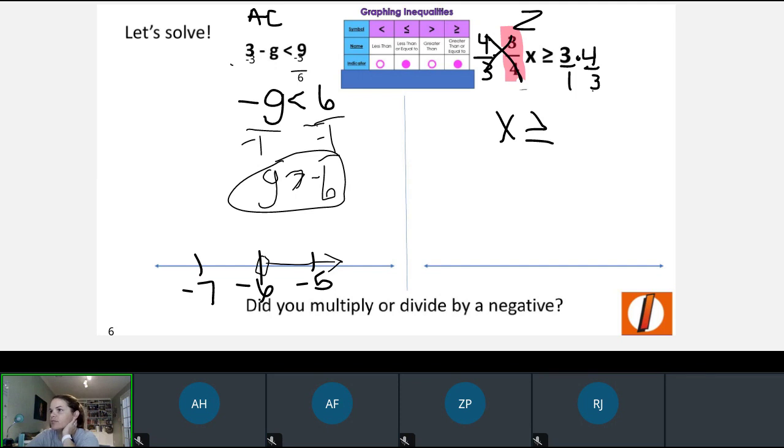So 3 times 4 would be 12. 1 times 3 would be 3. And then I'm going to go ahead and simplify that. So 12 divided by 3 would be 4. So I want all x values that are greater than 4. Yes, good, Adrena, you did great.